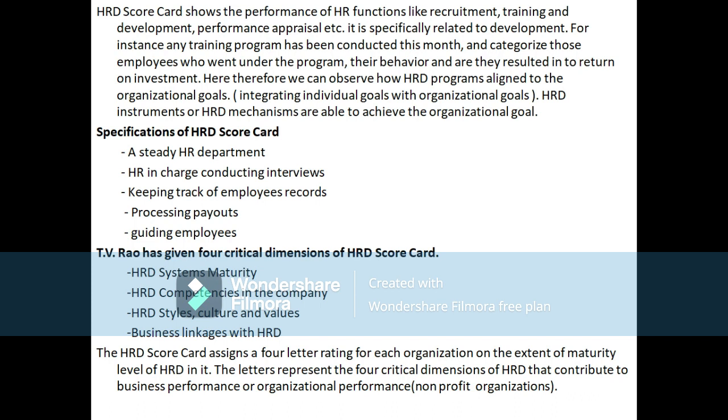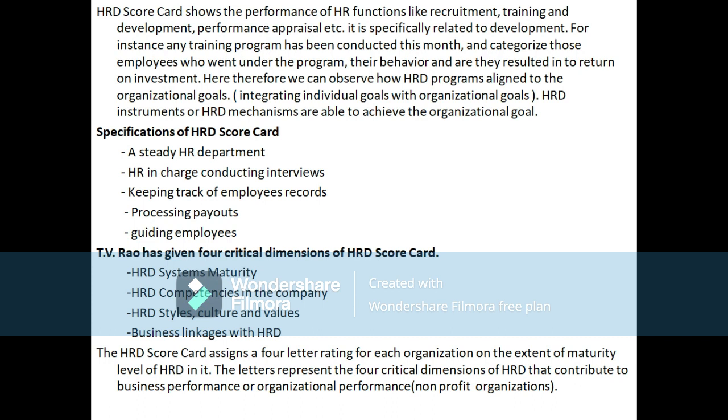Okay, so for instance, any training program has been conducted. We will categorize the employees who are involved in that training program, and we will see the behavior of those employees. Behavior in the sense, is there any improvement in the employee after going through the training program?